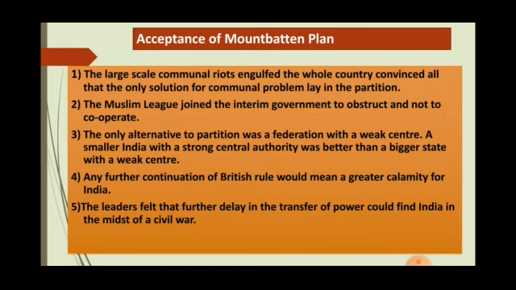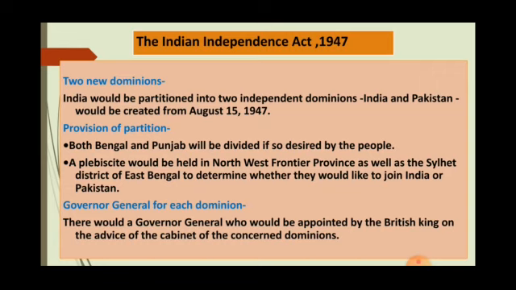So Congress leaders felt that further delay in the transfer of power will lead to a civil war in India. Because of these reasons, the Mountbatten Plan was accepted by the Congress leaders. The next topic is the Indian Independence Act of 1947.